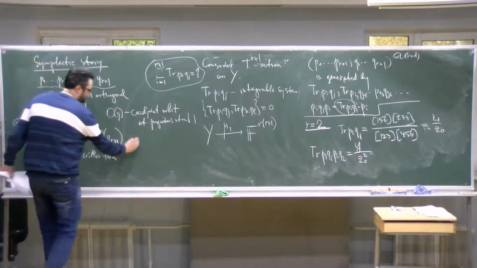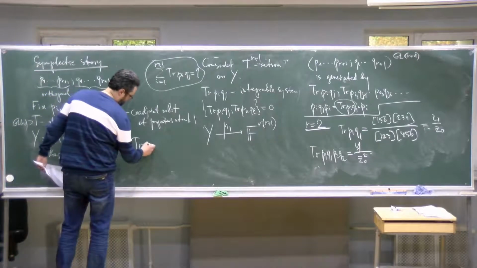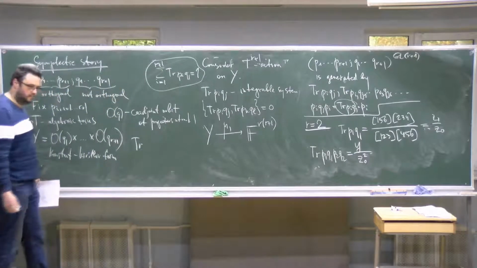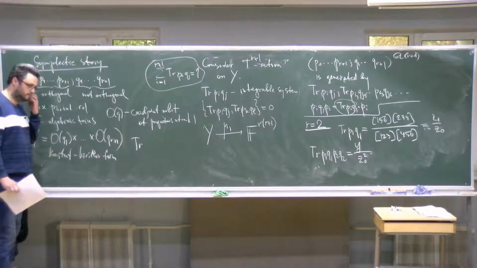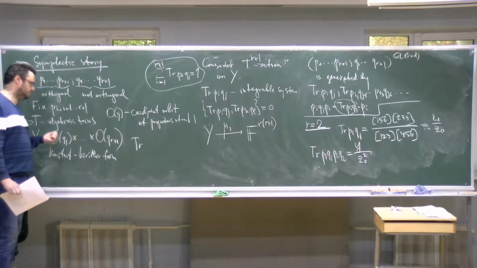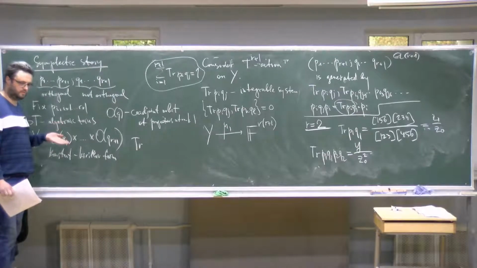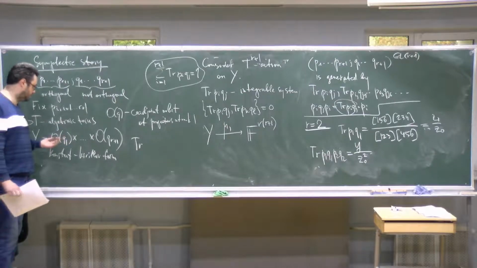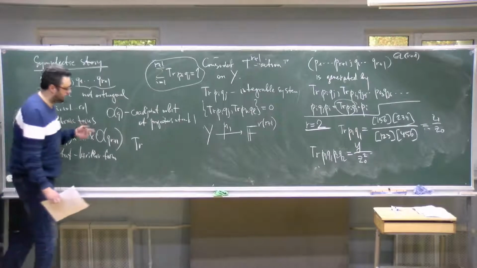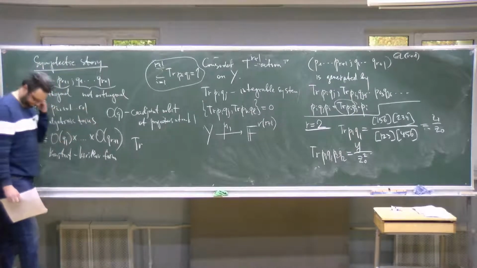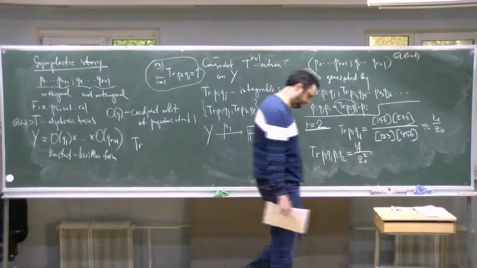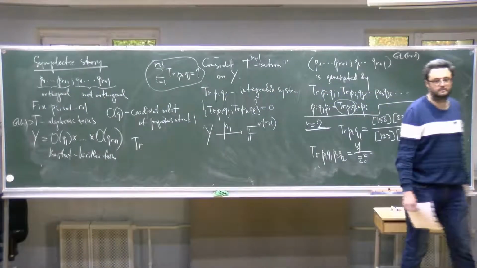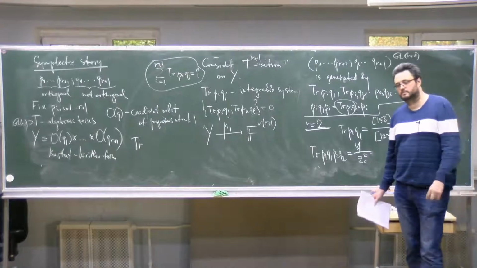Maybe you need to embed everything into the co-adjoint representation. I don't see how you do this. It is not in the dual space of the algebra.